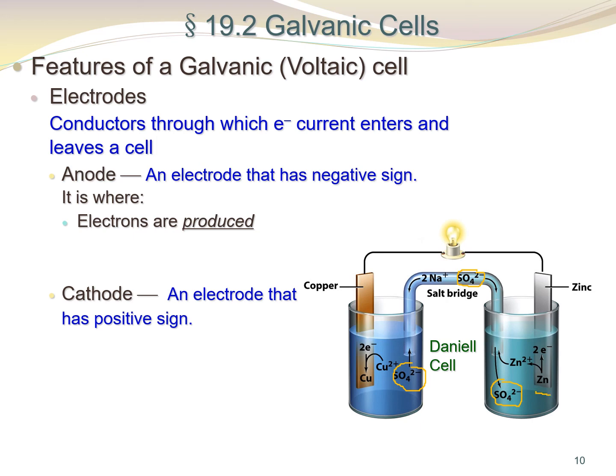Zinc, you see the arrow, yields 2 electrons, yields zinc 2+. Is that obvious enough for us to realize we got 2 electrons as a product from this half reaction? Electrons as a product, as we already discussed, is oxidation.